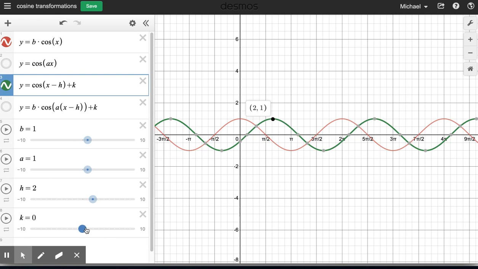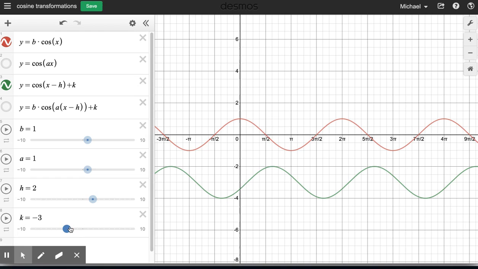And then if I change this k value to say -2 or -3, that shifts the graph down 3 units. So the point that was usually at 0, 1 is now 2 units right and 3 units down at 2, -2.